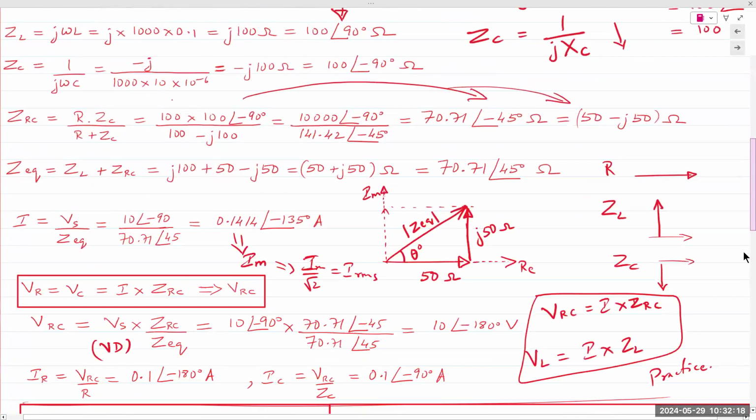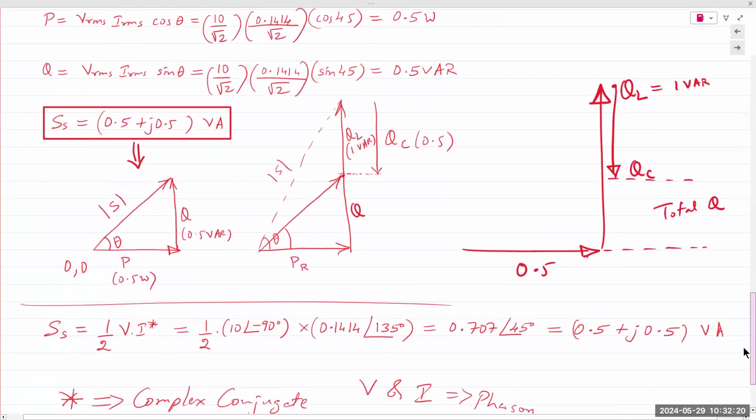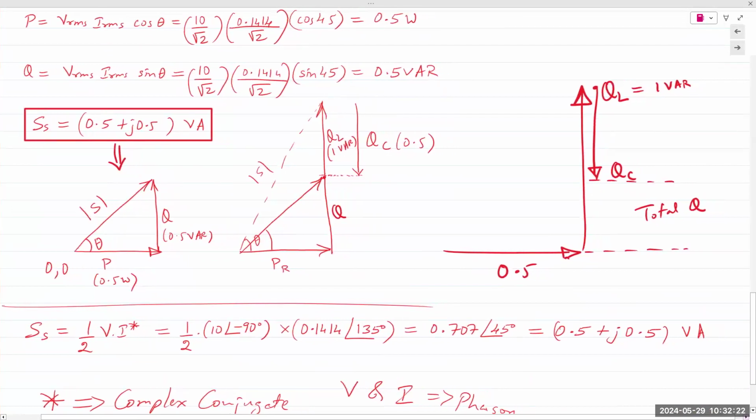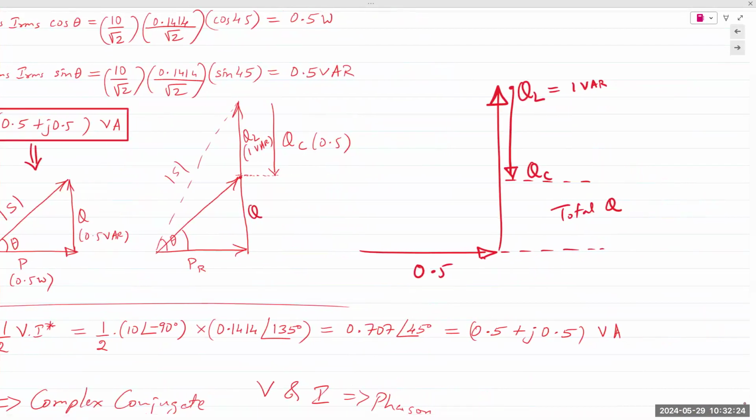So if you look at the power triangle, if you look at the power values, what do we see? The inductor requires 1 VAR, 1 volt ampere reactive. And then the capacitor supplies half of that. Capacitor is 0.5 VAR. Remember, inductor points up, capacitor points down.